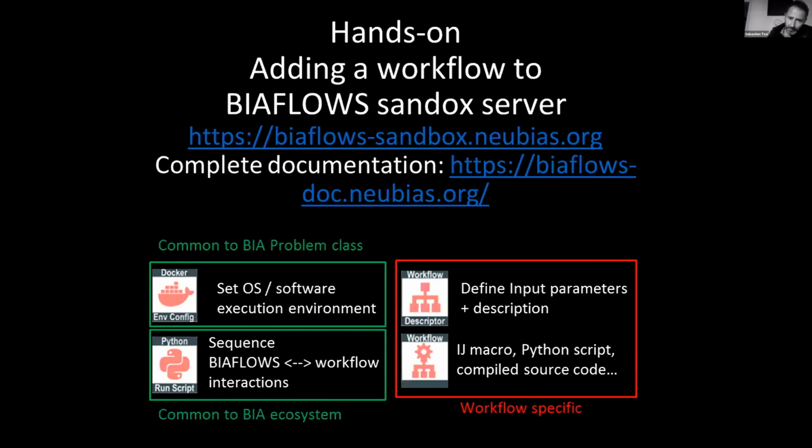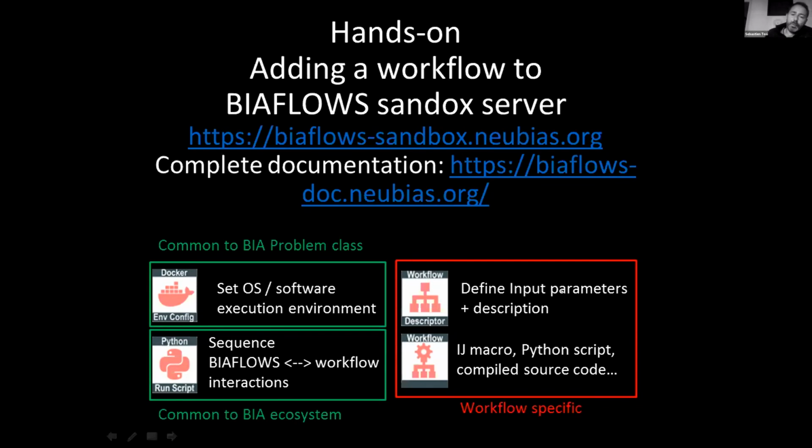So the Dockerfile that will set the execution environment, we won't touch it. We will use the Dockerfile that is already written for a template workflow, which is an ImageJ macro for object segmentation. So we will work with the same nuclei images that Raphaël has shown first.